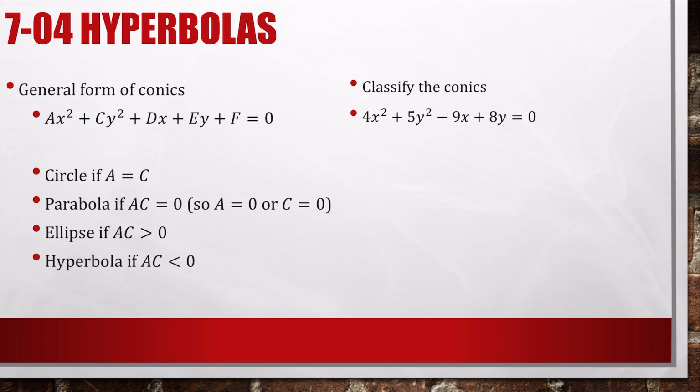So let's classify. Here's the a and the c. So a times c is 20, which is greater than 0. Therefore, it is an ellipse. Here's the a. Wait, there's no y squared. Since there's no y squared, c is 0. So we'll have 2 times 0 is 0, which makes it a parabola.